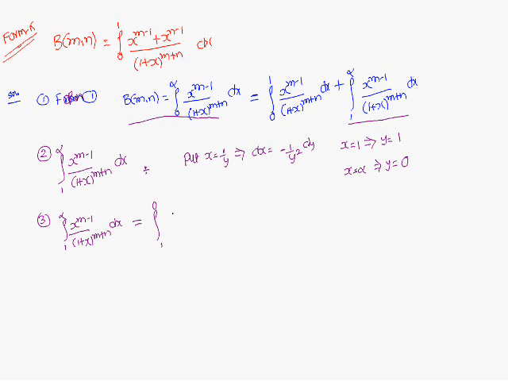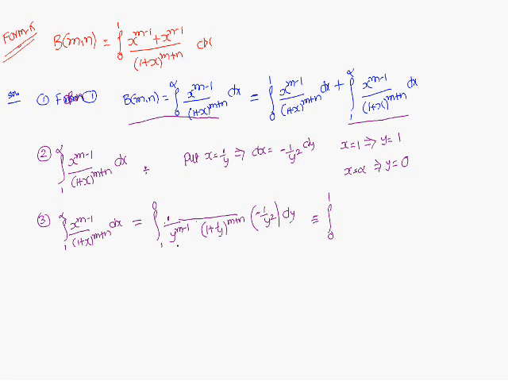Okay, x means 1 by y, so 1 by y power m minus 1, next into 1 plus x whole power m plus n, 1 plus 1 by y whole power m plus n. Similarly dx is equal to minus 1 by y square dy. So that is nothing but, to remove the negative sign, you can change the limits, integral 0 to 1.